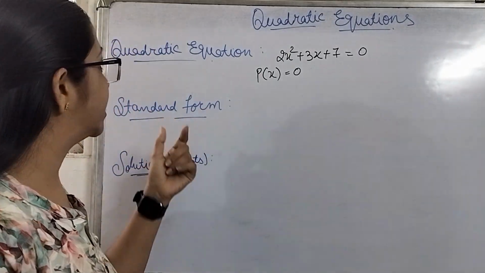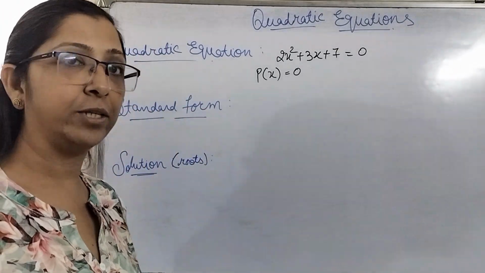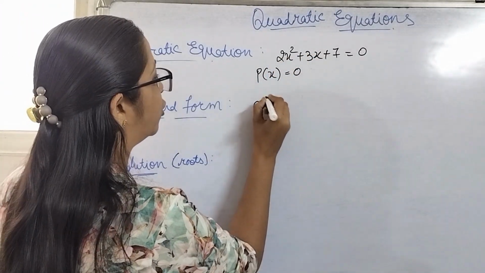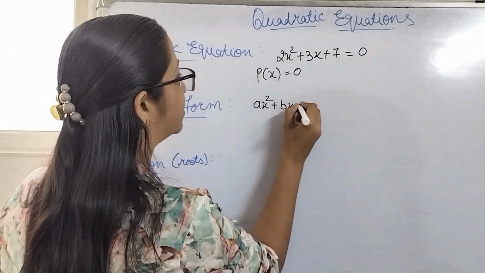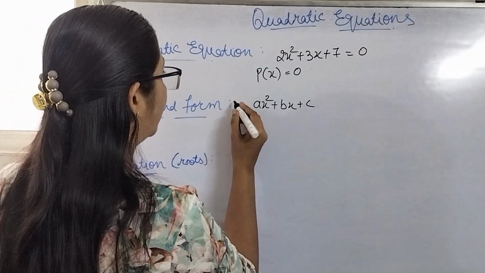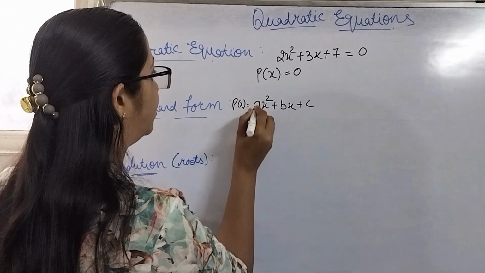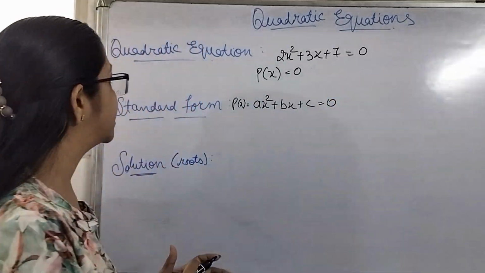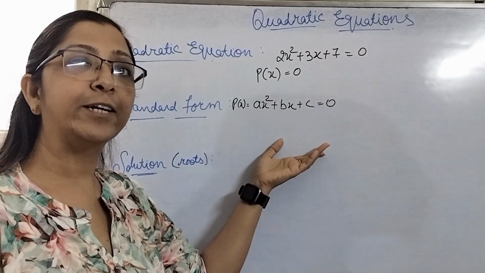Now let's see what is the standard form of the quadratic equation. We know that for the quadratic polynomial, the standard form is ax square plus bx plus c. If this is a quadratic polynomial in x, we can write it as p(x) also. And if we equate it to 0, it becomes the standard form of the quadratic equation.